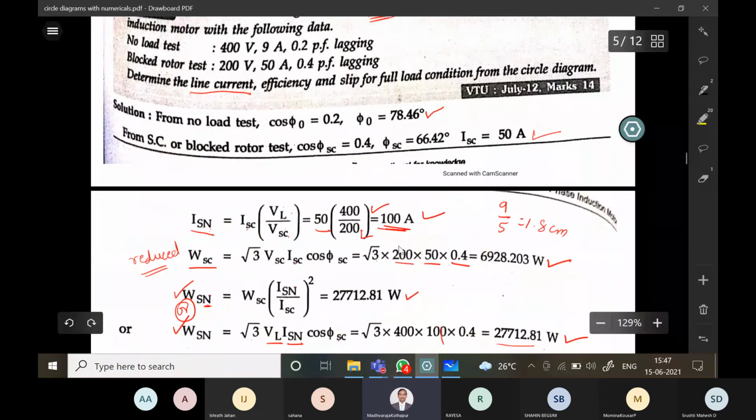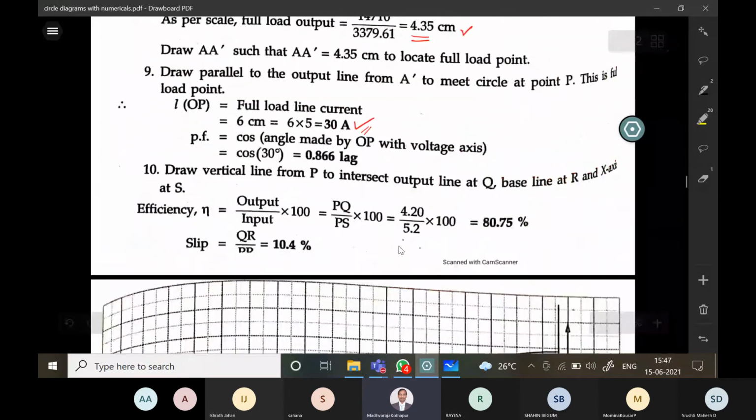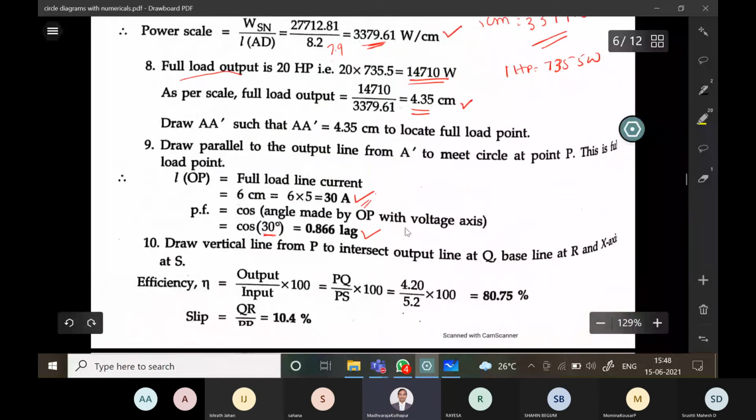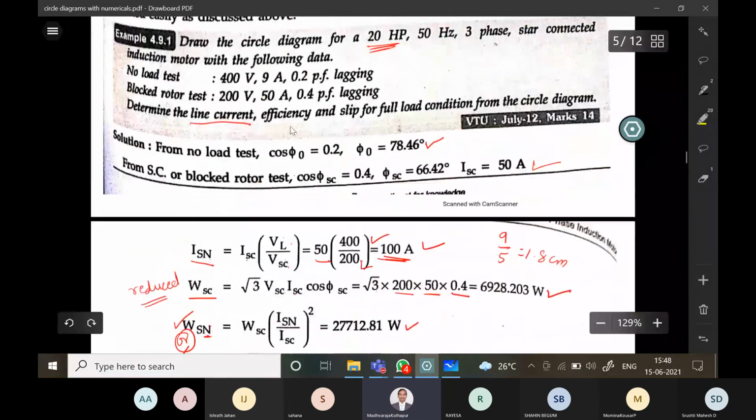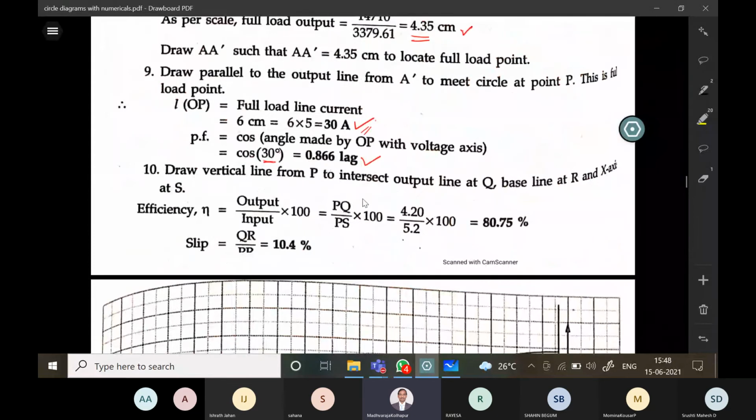The power factor: the angle between voltage axis and current is 30 degree, so cos 30 degree is 0.866 lagging.